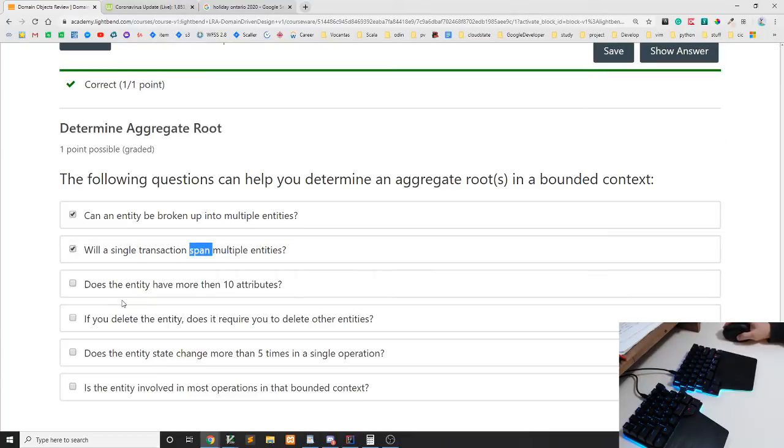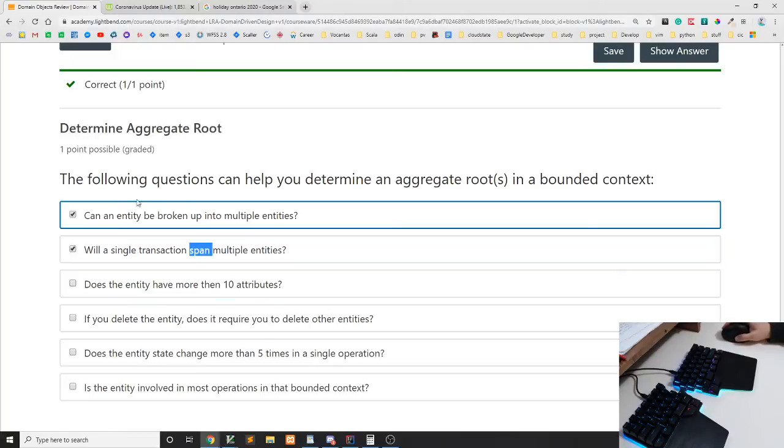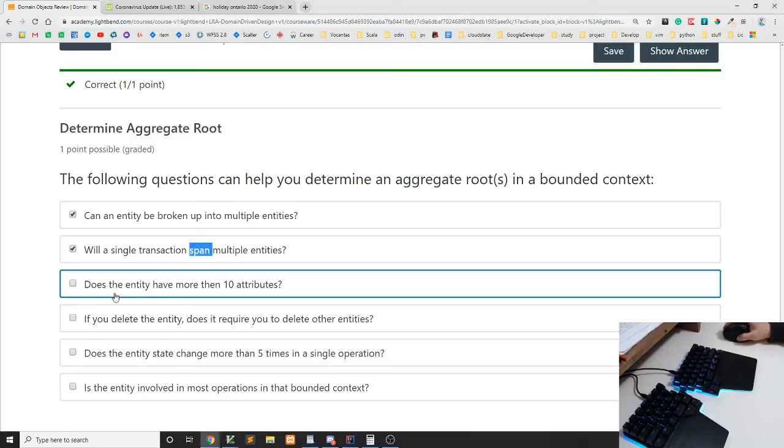Should be. Does the entity have more than 10 attributes? The following question can help you determine an aggregate root in a bounded context. Does the entity have more than 10 attributes?